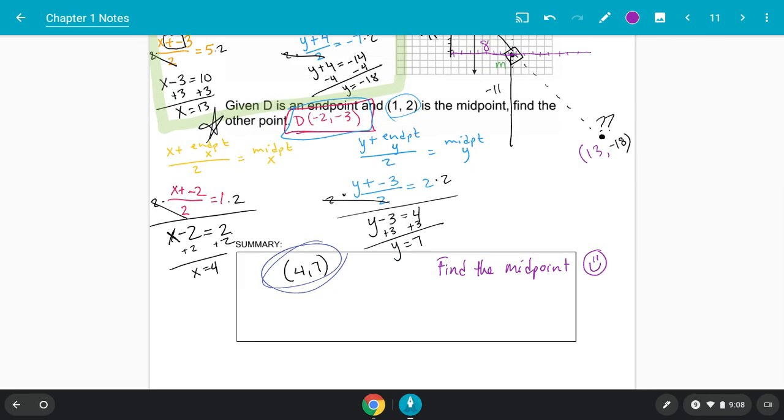Now today, if it says find the other endpoint, that's when you use this stuff. This is the icky version that looks complicated. When it says find the midpoint, that's the slightly easier one.